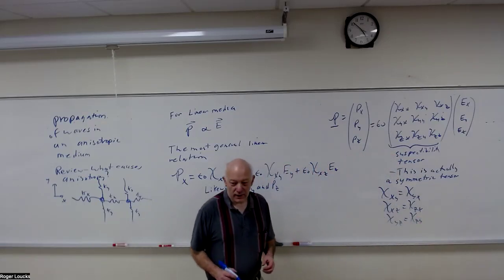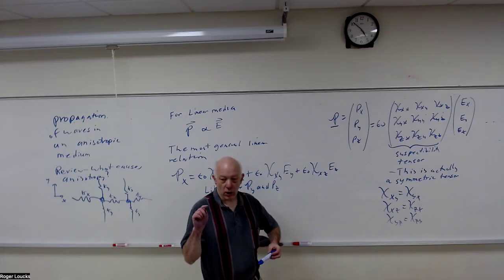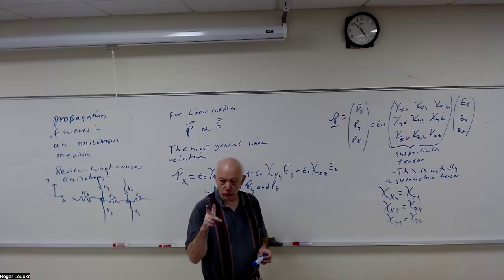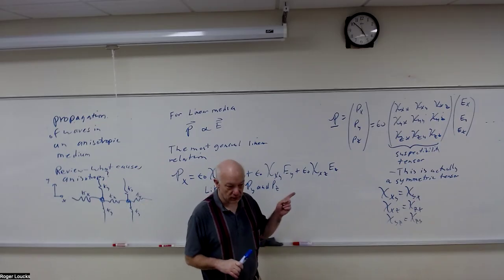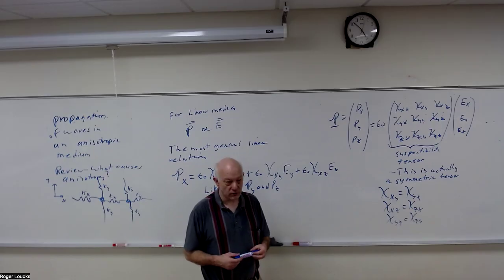Now, when you have a symmetric matrix like that, you can always rotate your coordinate axes to make this diagonal. I'm just going to state that this is true, and for those of you in classical mechanics, it will be true.